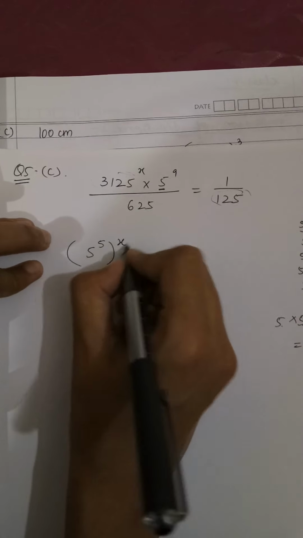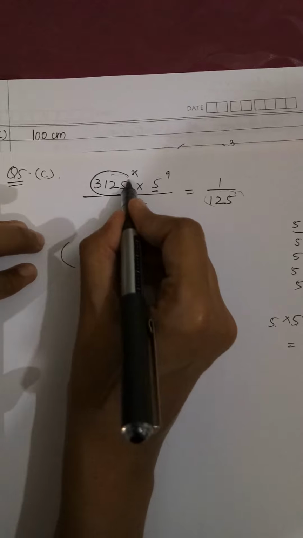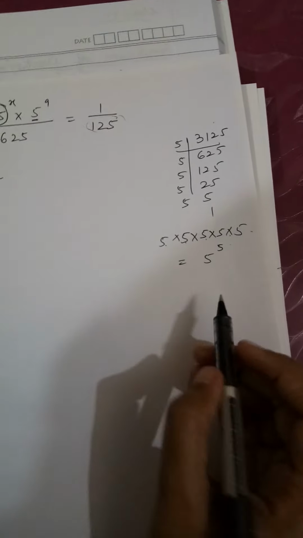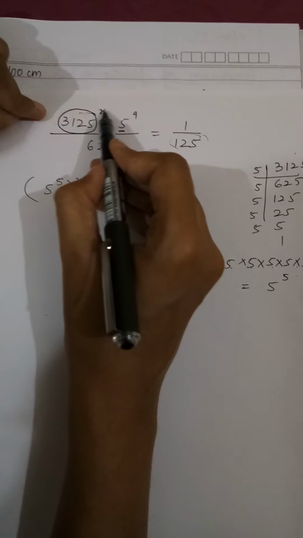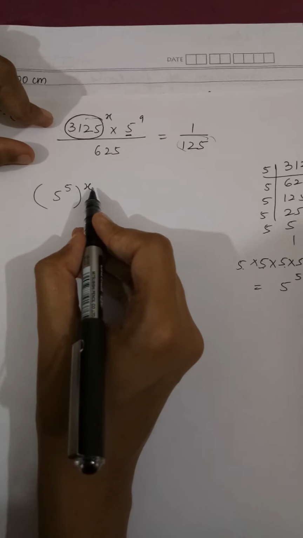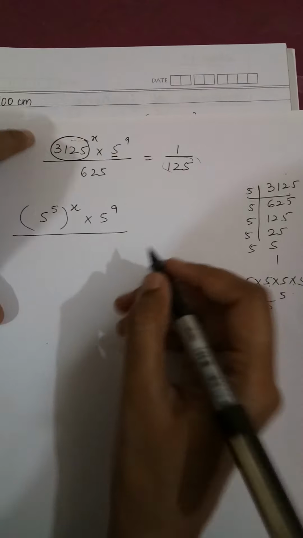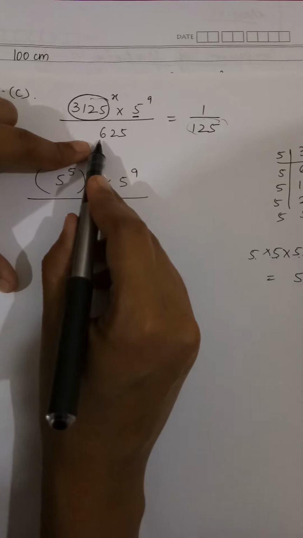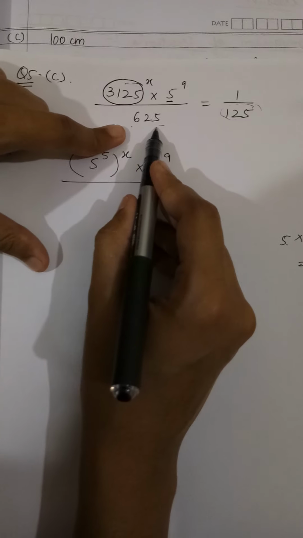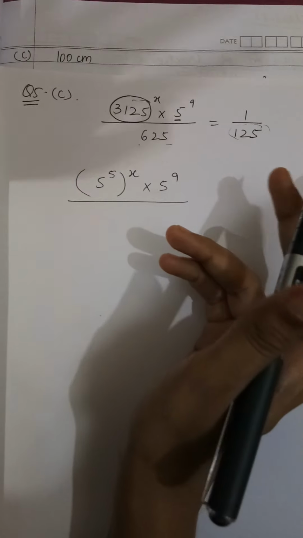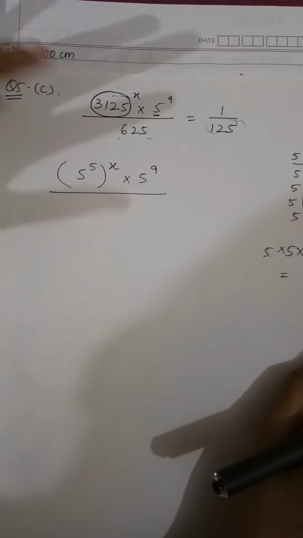So now instead of 3125, I am going to write 5 to the power 5, and this was whole power x. So I write it as it is, whole power x, multiplied by 5 to the power 9 upon 625. Now let's convert 625 also into exponential form with the base 5.